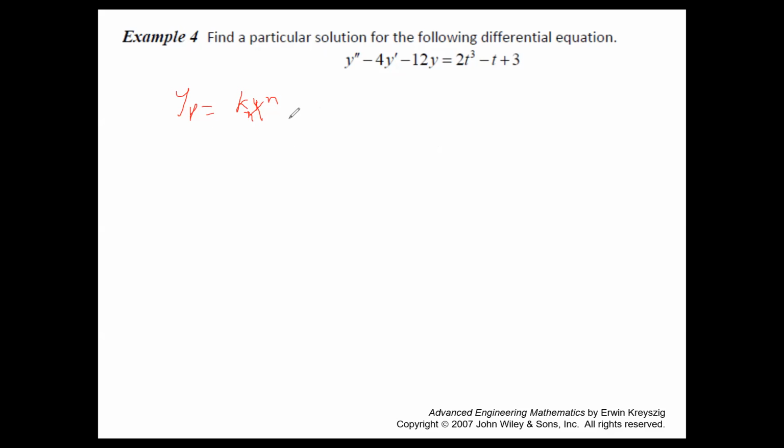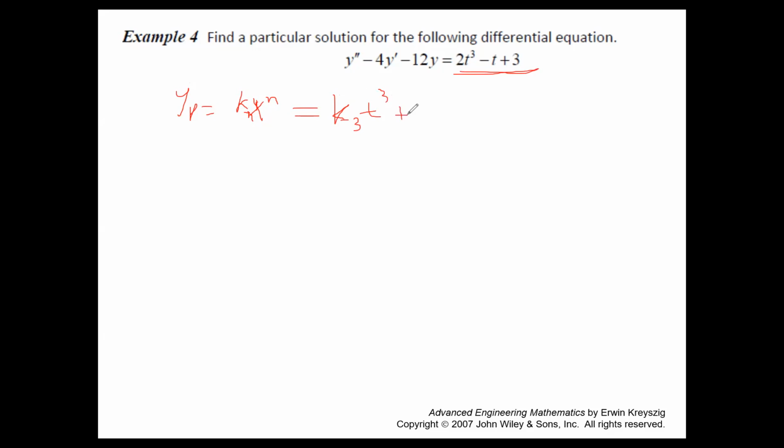But you see, they already have n over here, and then in our solution the n value is equal to 3. So in our case, yp should be in the form Kn, so you have K3 times t to the power of, not x, but t to the power of 3.